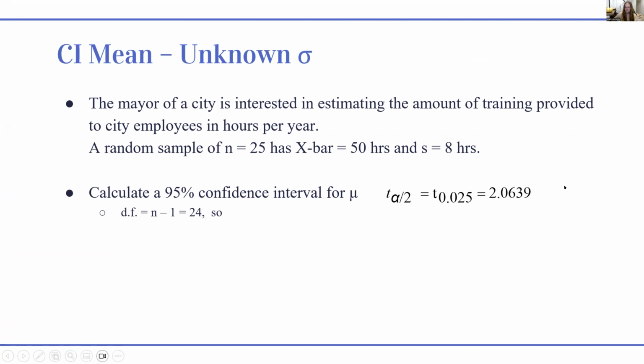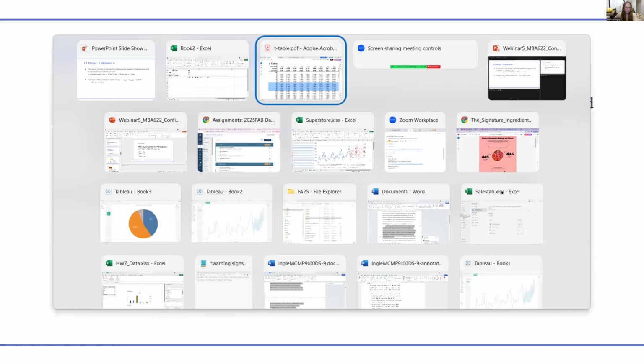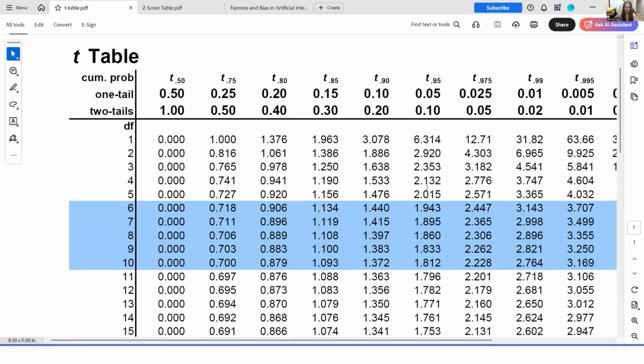So I got this thing that's 2.0639. How did I get that? Well, you could always use the t.inv.2t, or you could look at this. So again, 95% confidence interval, but it's two-tailed, right? Two-tailed right here.